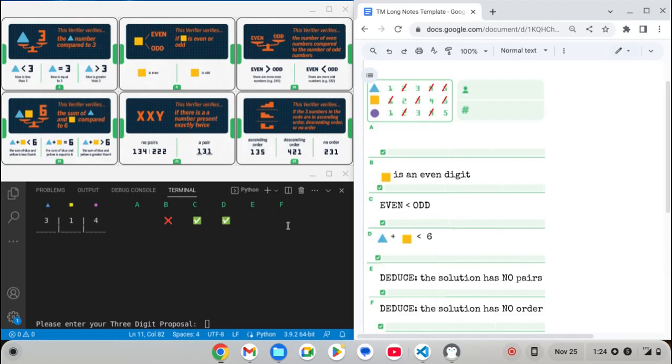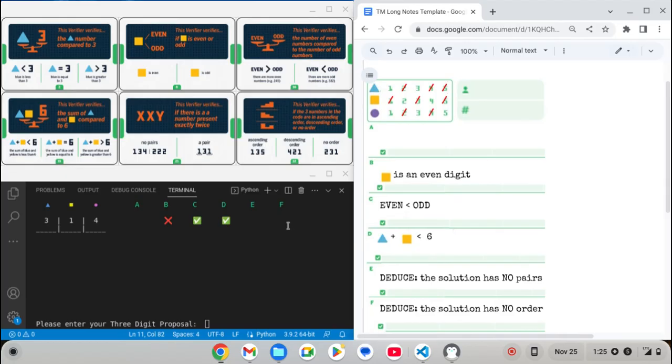Well, it looks like the only thing that we really need to establish is criteria card A. We've already deduced the last 2, so there's no need to test for that. And we just need to figure out what triangle should be. Should it be less than 3 or equal to 3? Now notice the other thing is that there is no mention of circle among our 6 criteria cards.